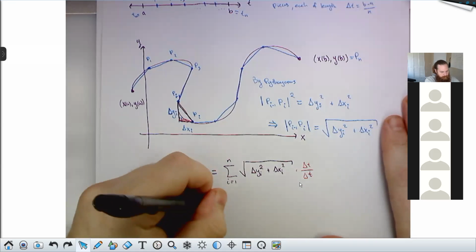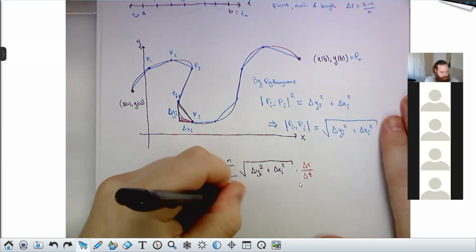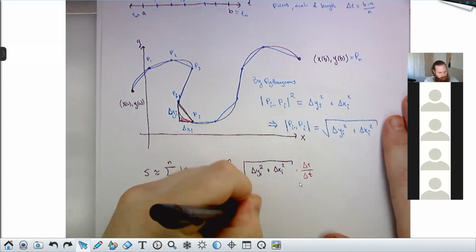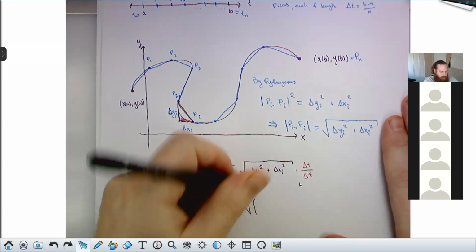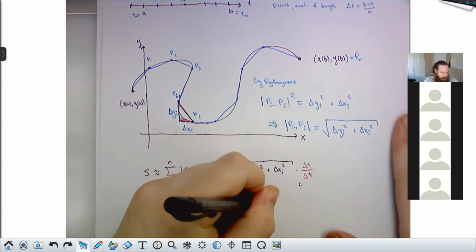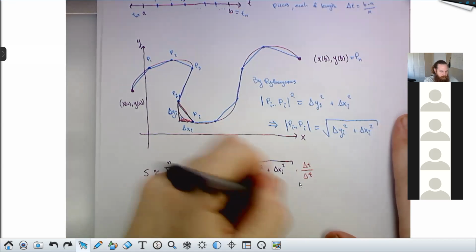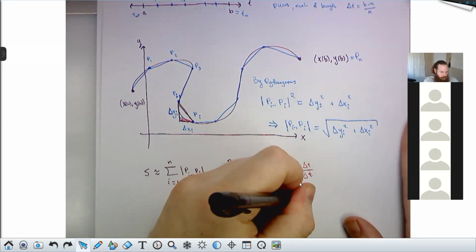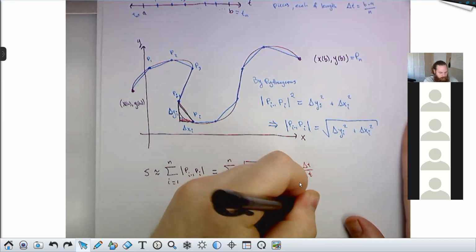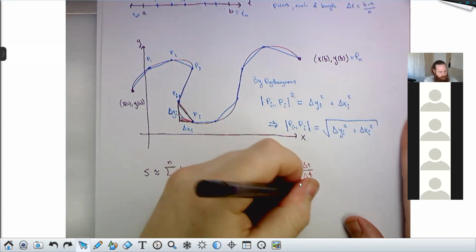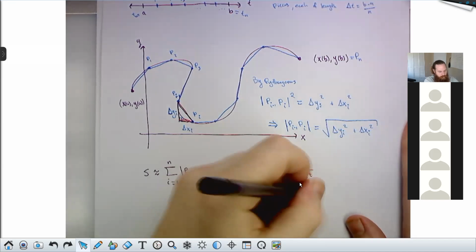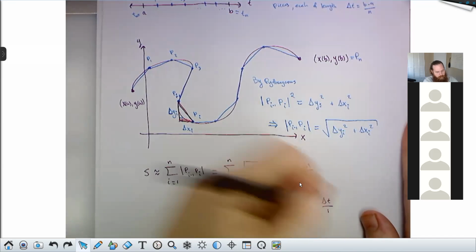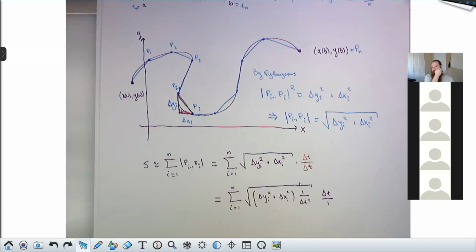So my next step is to say this is the sum from i equals 1 to n of the square root of delta yi squared plus delta xi squared times 1 over delta t squared. And then the other delta t over 1, I leave outside the square root.